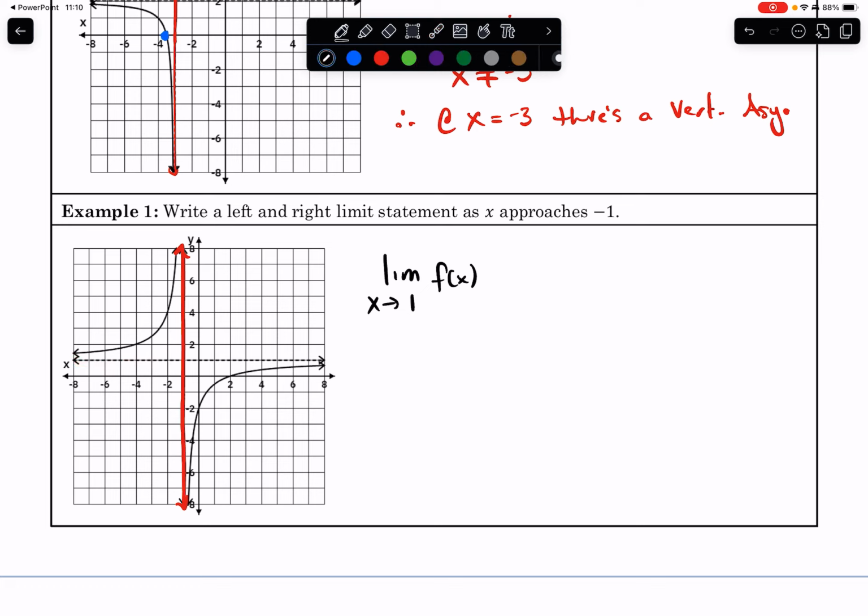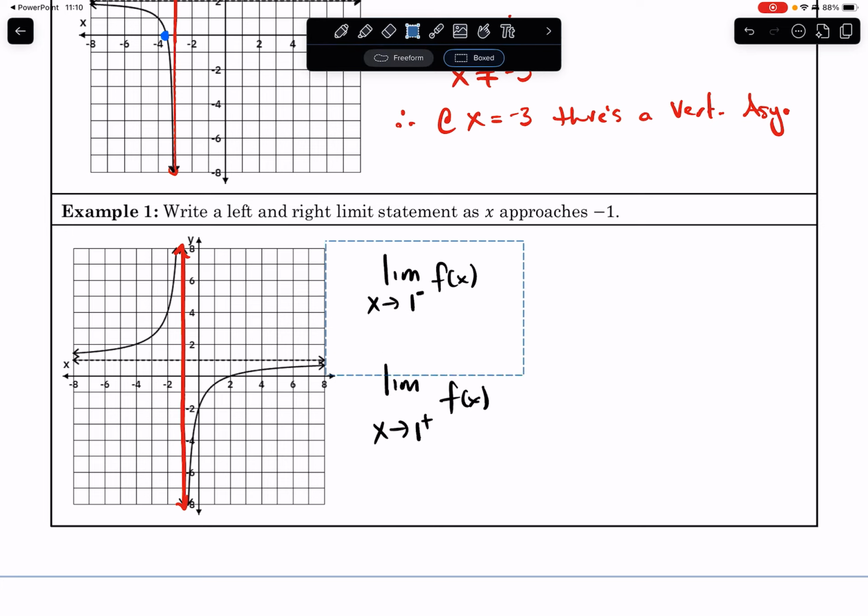To determine which direction we're going to approach this red line, we can use this notation with a negative sign on the top, meaning the left. And as x approaches 1 to this function on the right side, which is denoted with a plus sign, we can distinguish what's going on in those two locations.